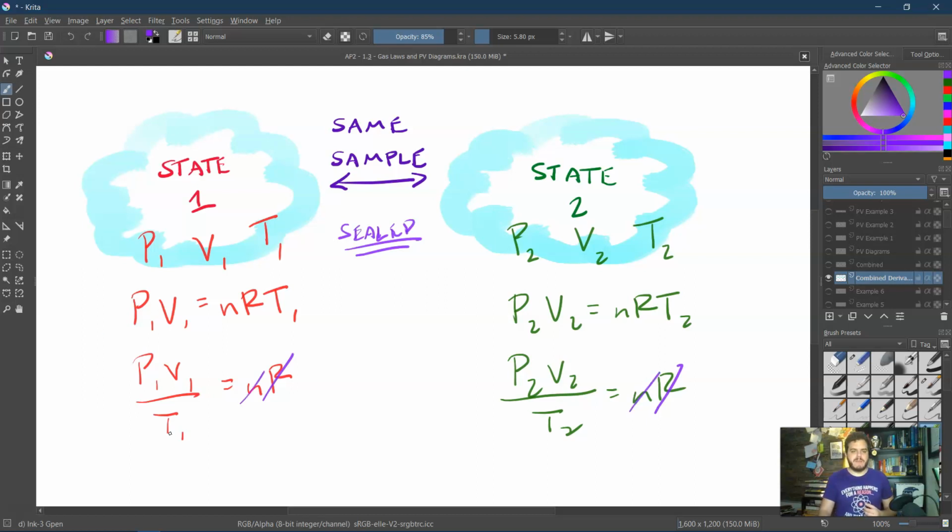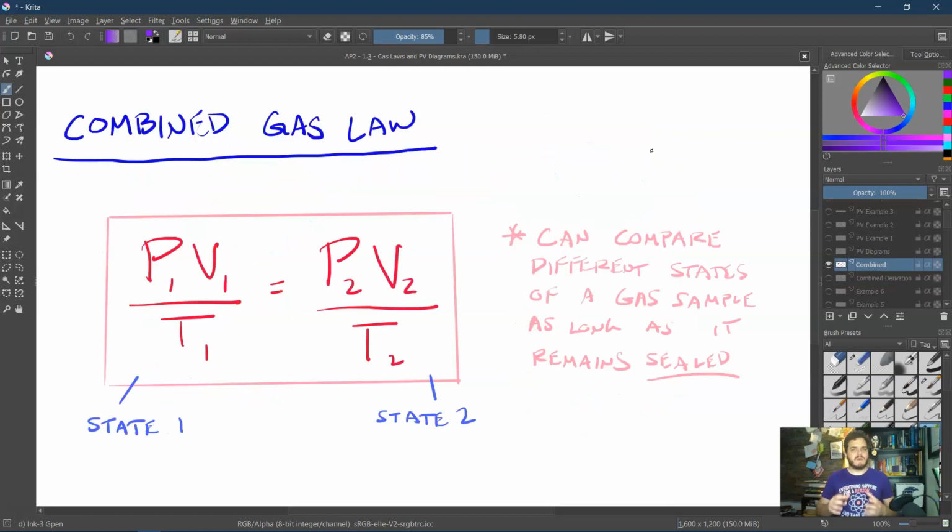So we can equate this part with this part and get one single relation to quickly move from one state of a gas to another. This is called the combined gas law, and it is an extremely useful relation.